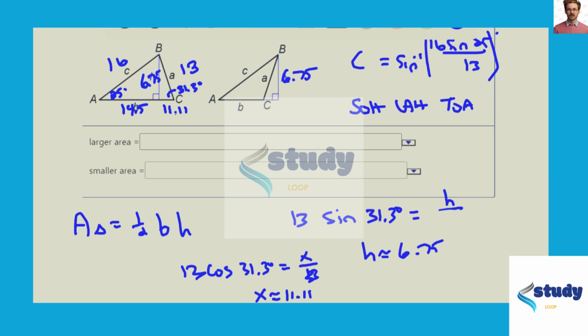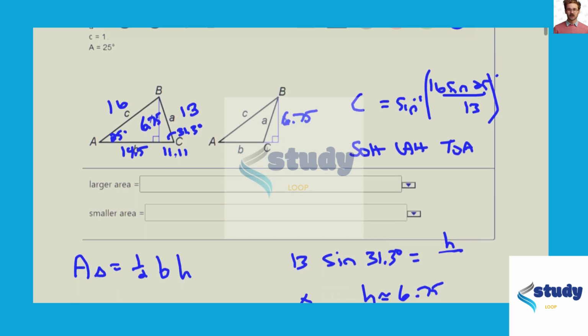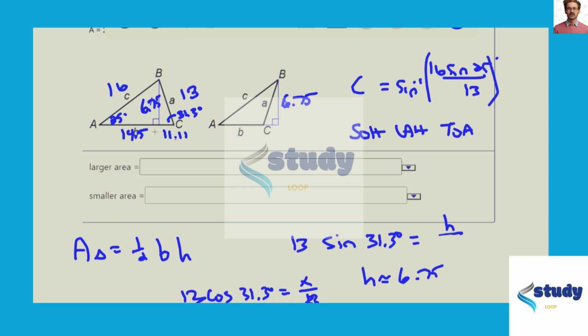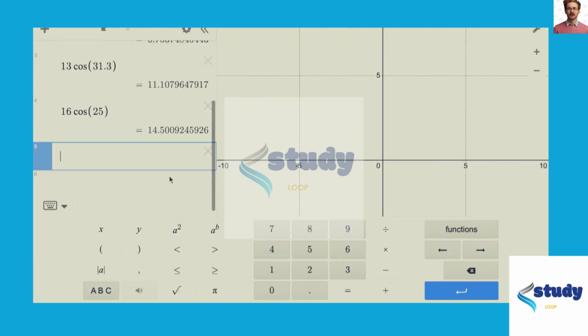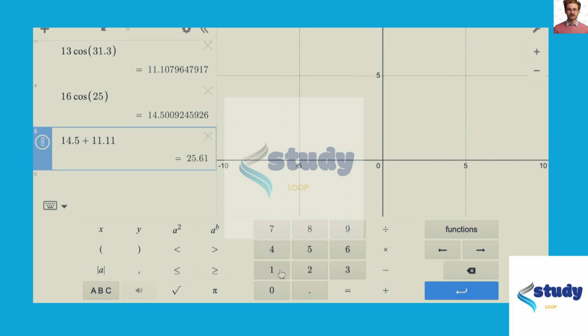And so if the whole base would be 14.5 plus 11.11, or 25.6.